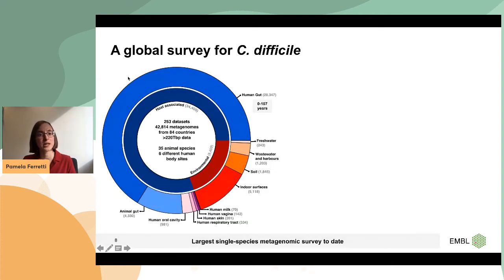So for this reason, I started building this global survey for C. difficile. I put together around 253 publicly available data sets for a total of 42,814 metagenomic samples coming from 84 different countries. We cover several different environments, different body sites besides the human gut, and also a lot of samples from the animal gut.